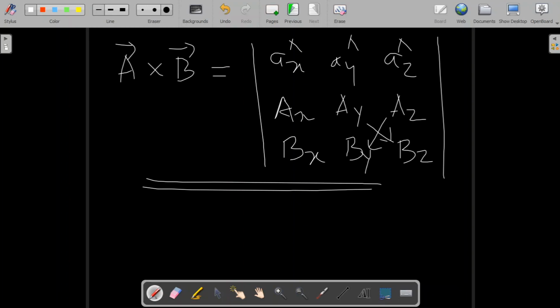But when we do the cross product of two vectors, a new vector will be created, because it is a vector product. You'll get a new vector, and that vector will be normal to the plane containing your two operand vectors, A vector and B vector.